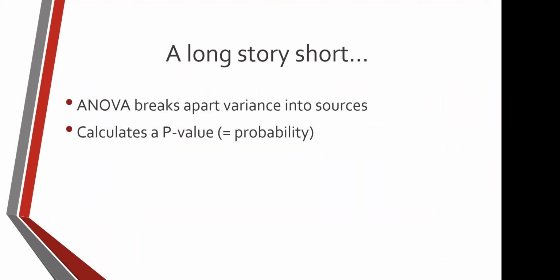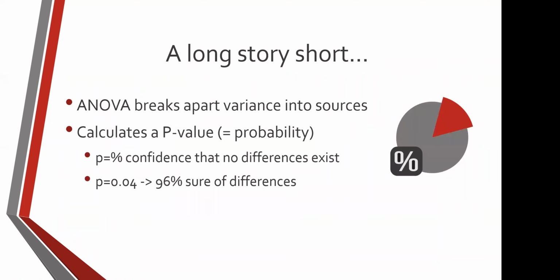A one-liner to remember is a p-value is a probability. That AOV p-value is the probability that no differences in treatments exist. So a p-value of 0.04 means that we are 96% confident that there are significant differences between treatments.